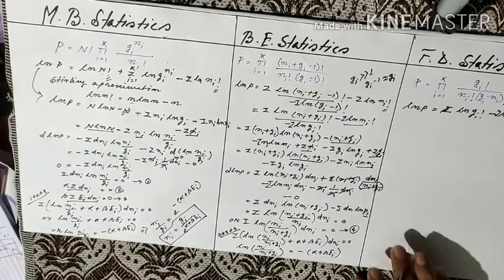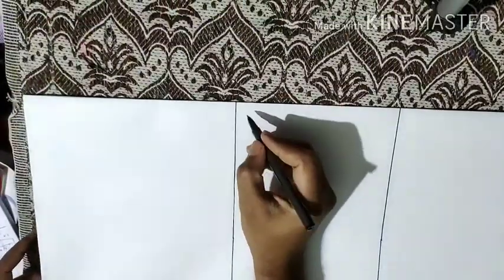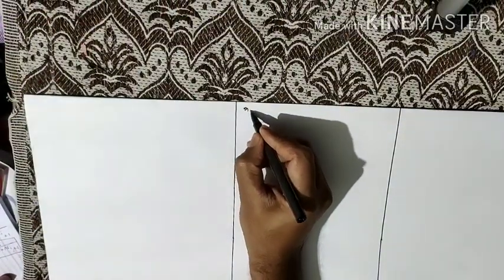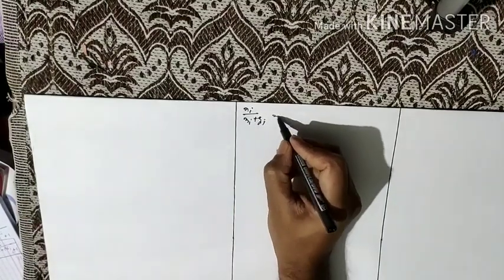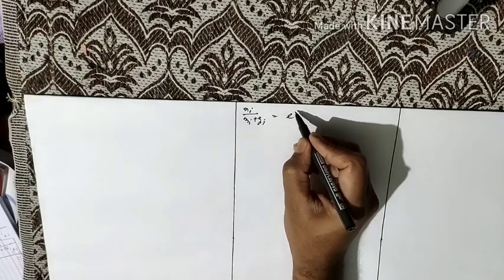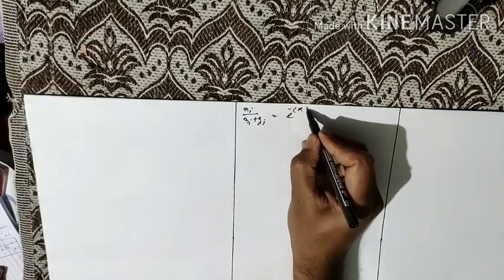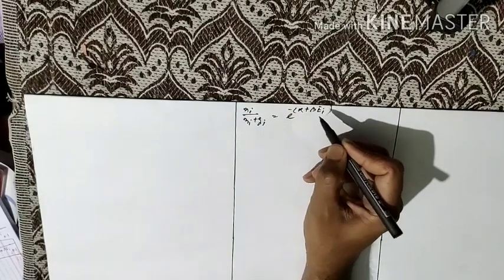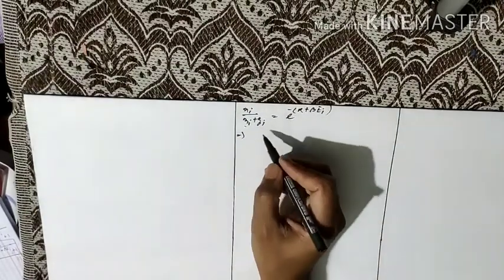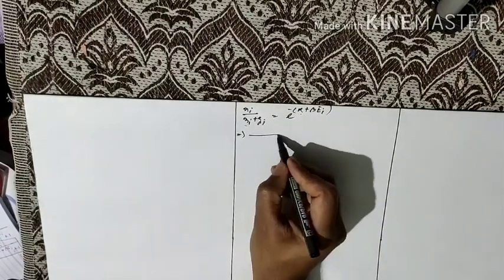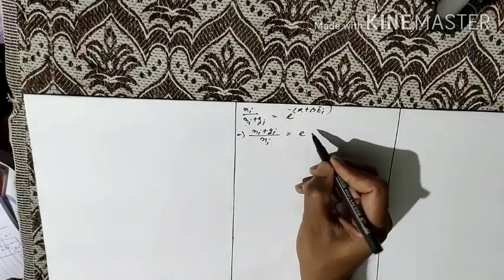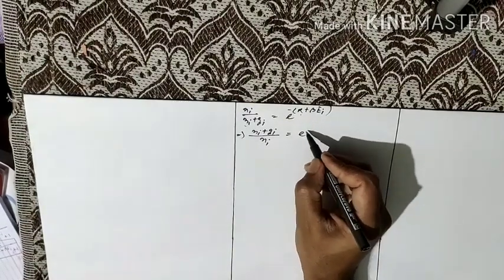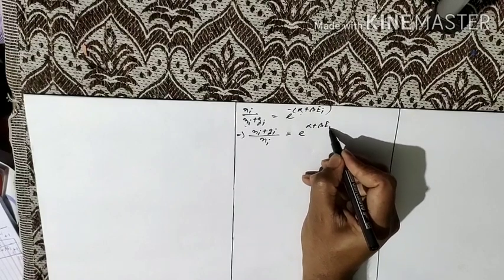Okay, so remove the log, it will be exponential again. I will write ni by ni plus gi is equal to e to the power minus alpha plus beta ei. Again, just alter this so that it becomes ni plus gi divided by ni is equal to e to the power alpha plus beta ei.